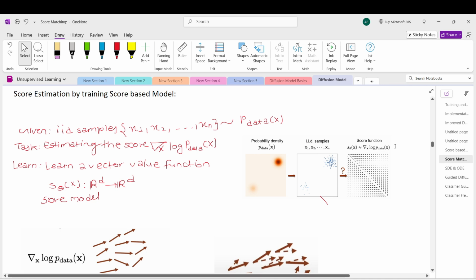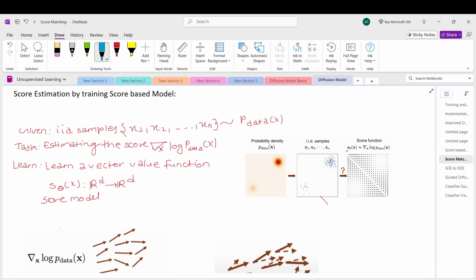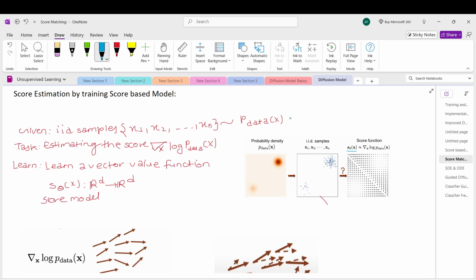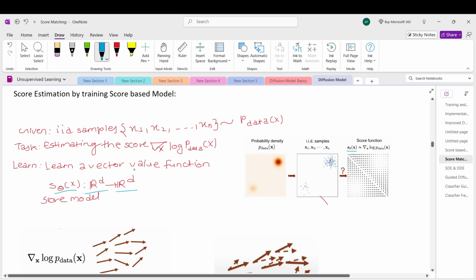But we don't have the real samples, so we approximate it through a neural network s theta. Our goal here is, given some samples from a certain data distribution, to learn this function which will take this and give us this. This is called the score model.